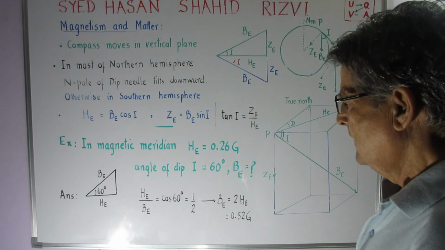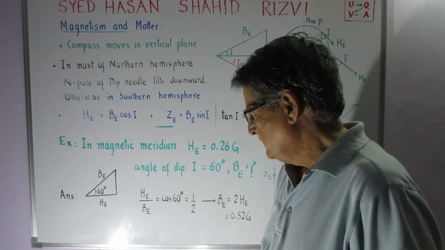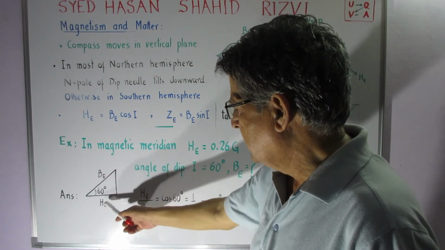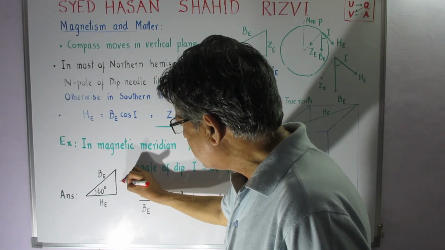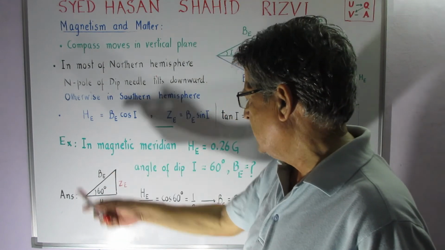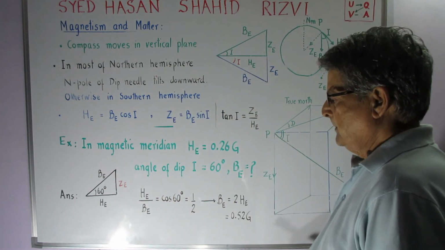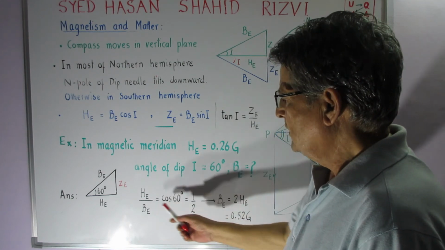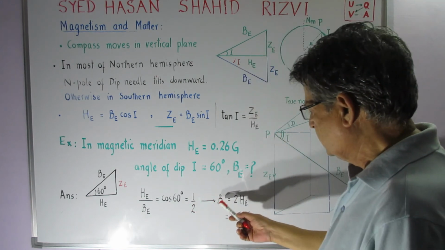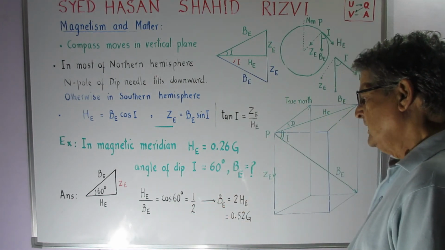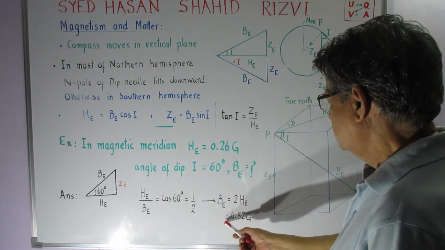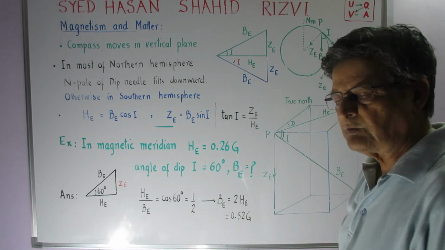So first of all, we should draw the right angle triangle. This is B and this is HE, and of course I can write the vertical component as ZE. In case they ask about Z, then we can. Anyway, HE upon B is equal to cos of 60 degrees, which we can see readily is equal to 1 by 2, and this gives therefore BE equal to 2 multiplied by HE. So when I multiply it, readily I get this value as 0.52.